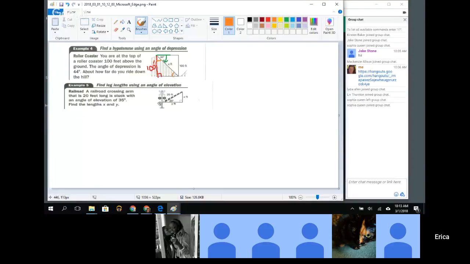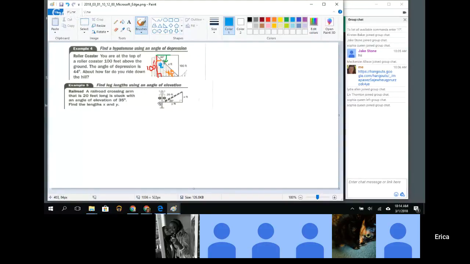We know that this one down here is actually also 44 degrees, because this is two parallel lines that are cut by a transversal. So these are alternate interior angles. So this is 44 degrees down here, right? And if this is 90 and this is 44 degrees, then this angle up here is going to be 46 degrees.